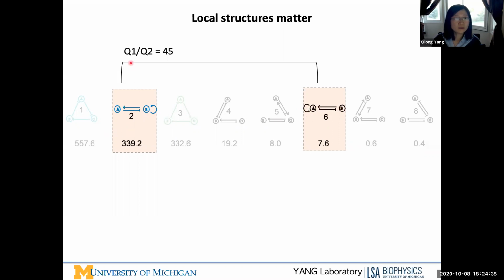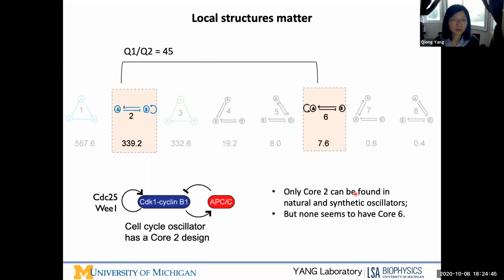However, their behavior differs by a factor of 45. And what's interesting also is that in nature and also in synthetic topologies, all of them share core 2, but none of them seems to have core 6. So what do we think?